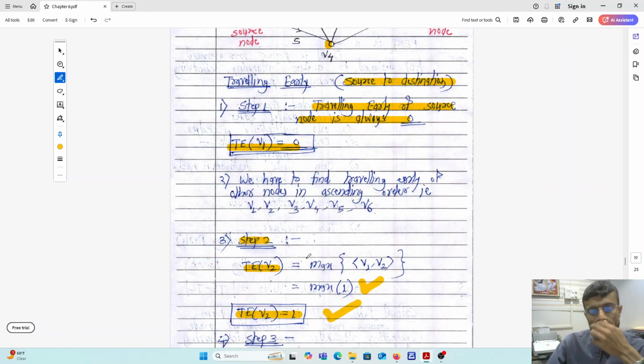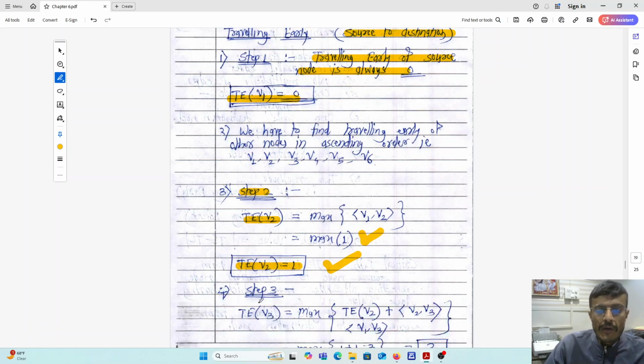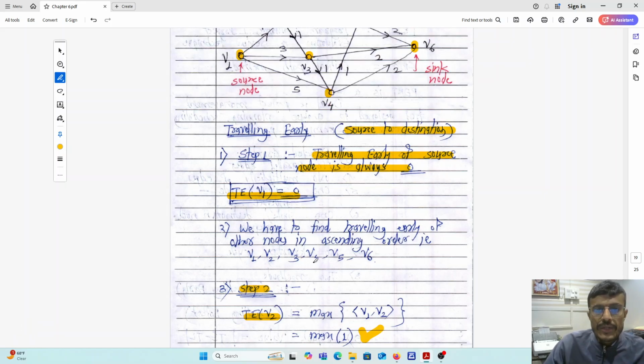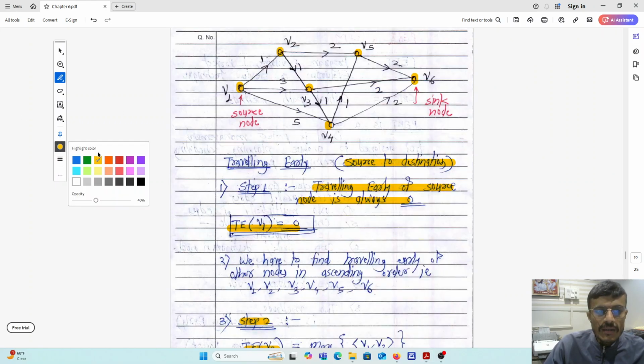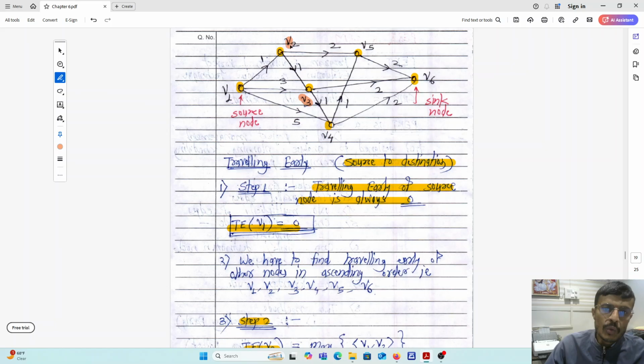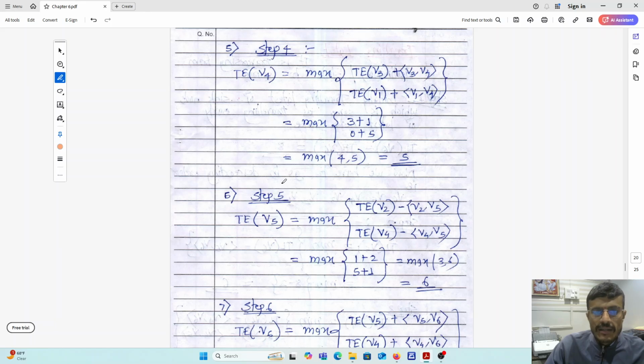So once you find out the traveling early of V2, you have to go for traveling early of V3. So in the case of V3, you can see here, to the V3 you can reach via V2 or you can directly come from V1. So there are two possibilities.